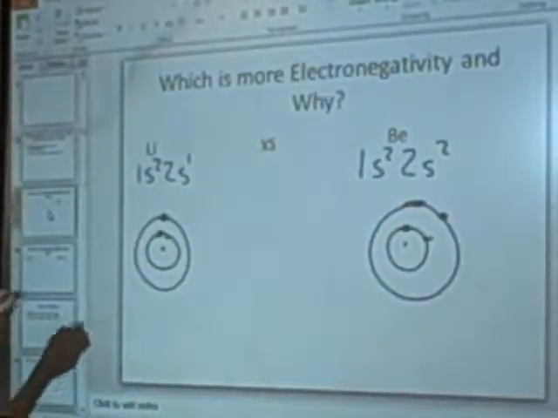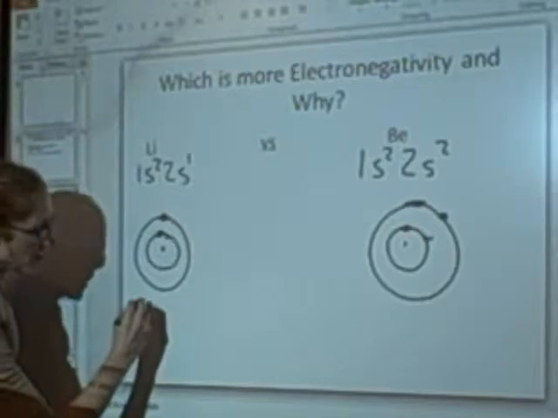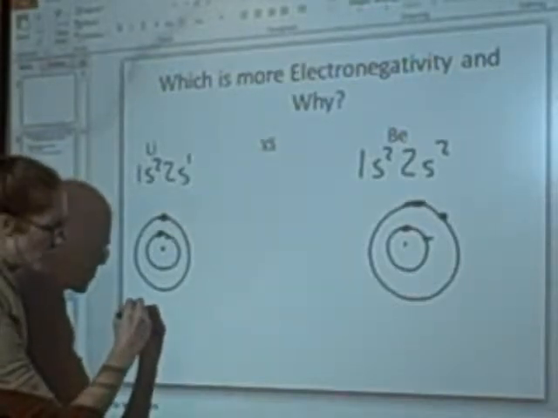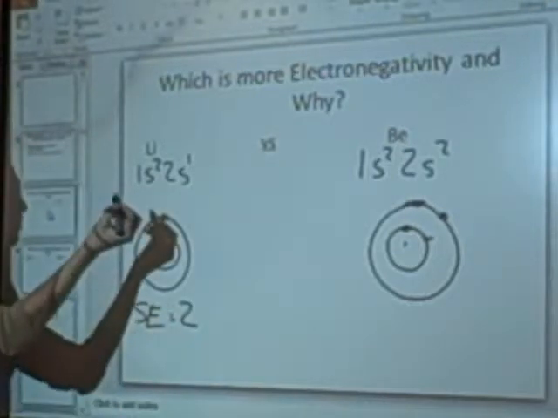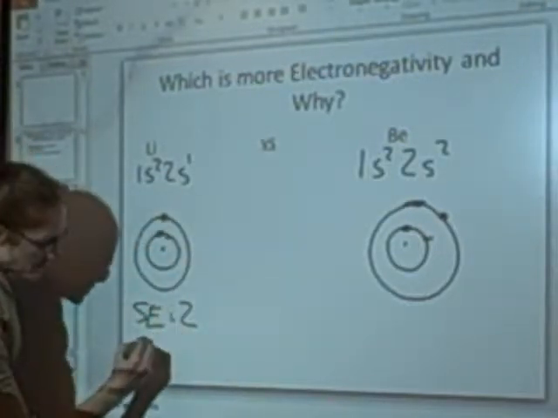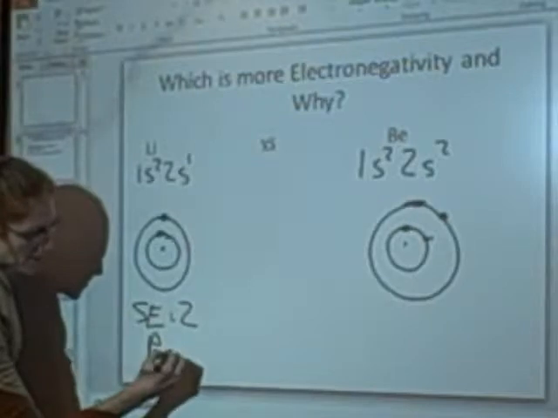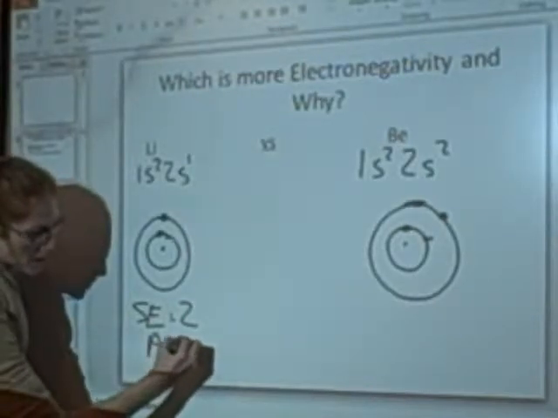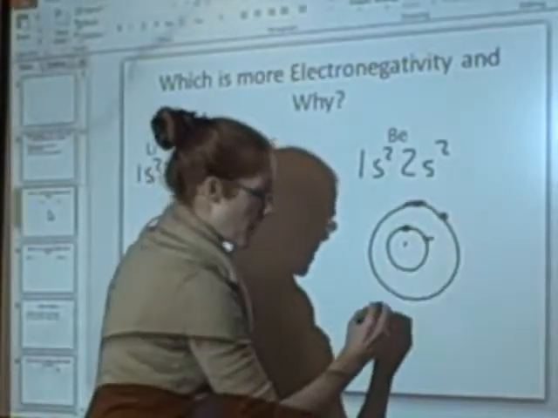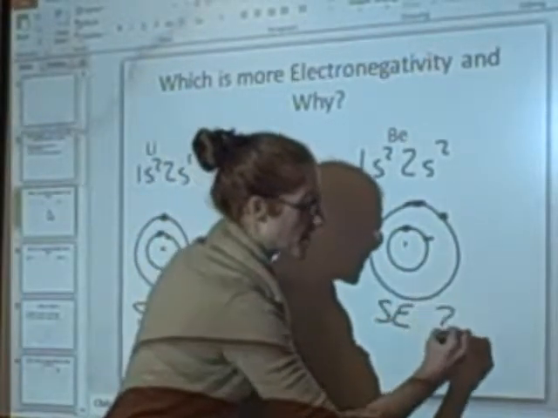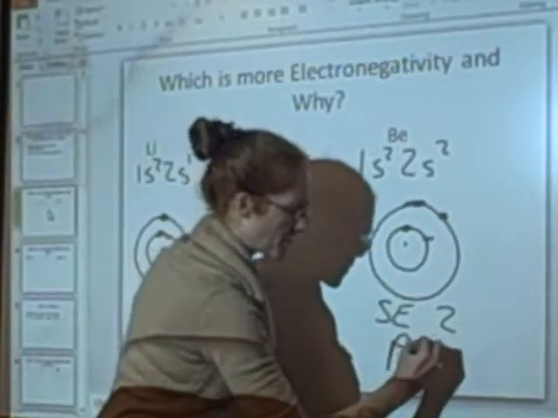Okay. So lithium has 2 electrons on an inner shell, 2 core electrons, so it has 2 shielding electrons. The protons, it has 3 protons, which is the atomic number on the periodic table. So 3 protons. Beryllium also has 2 shielding electrons. There's 2 core electrons, but the protons here equal 4.